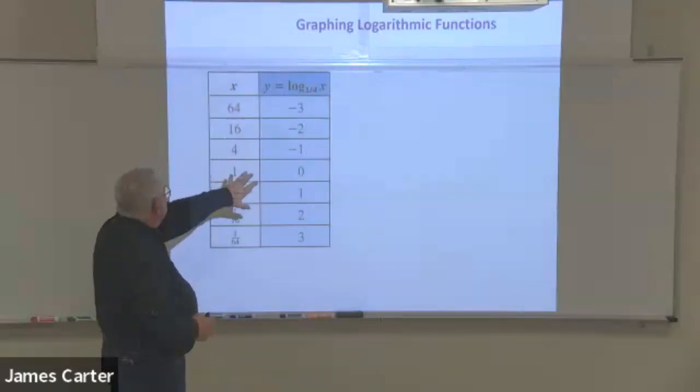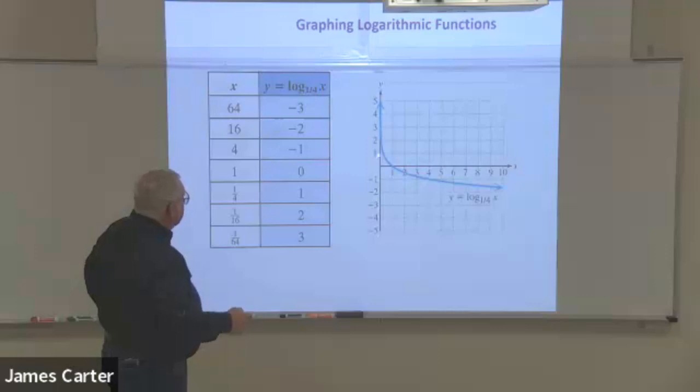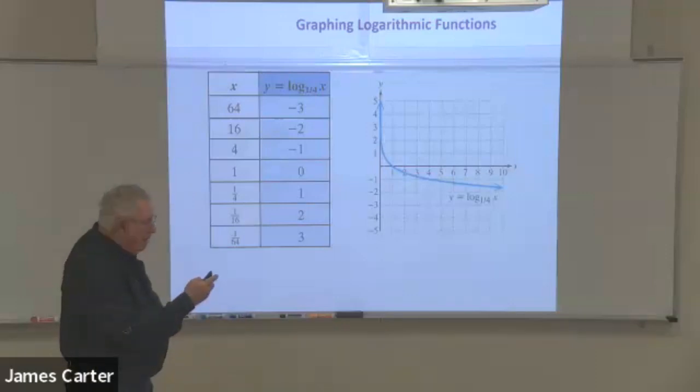Here are our graph points for the logarithm, and there in turn is the graph. Notice that we have an asymptote at x equals 0, or in other words, the y-axis.